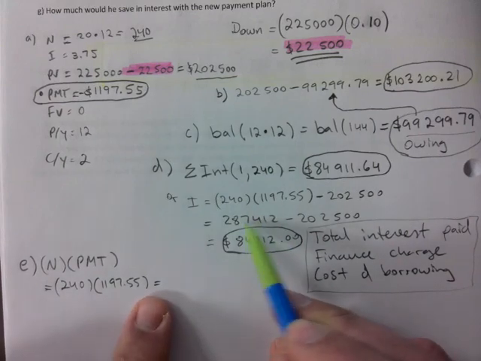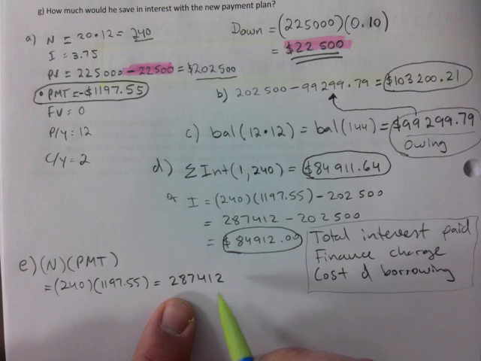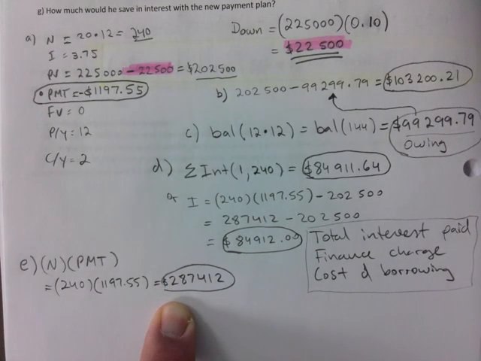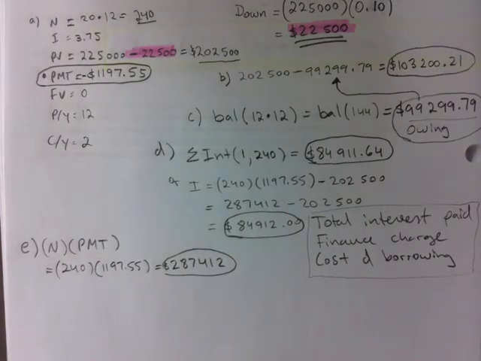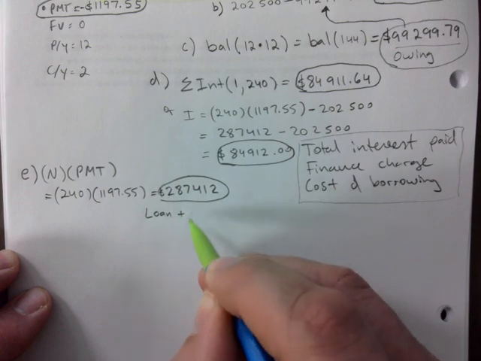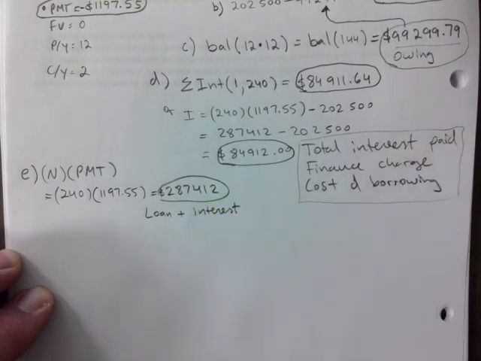And we already know that number. That's 287,412. Okay. This is basically the loan plus the interest. That's what this is.